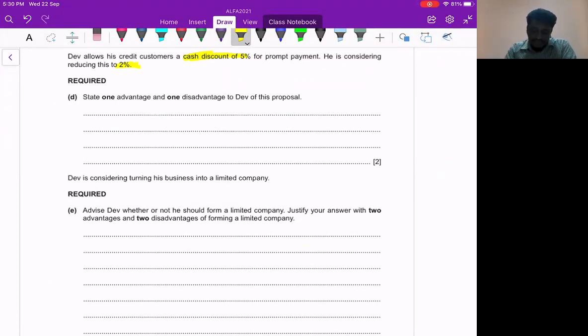If you reduce, what is the advantage? More revenue is not a correct answer. More profit is better. Revenue means you will receive, and you don't receive anything. If you reduce the cash discount, your expenses will be reduced and your profit will be up.